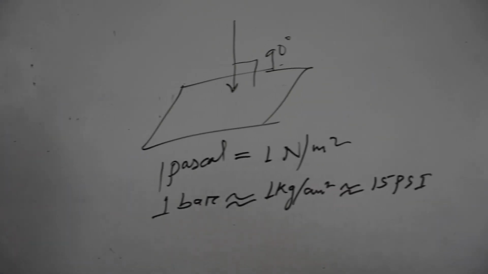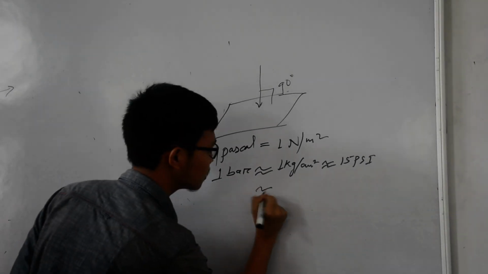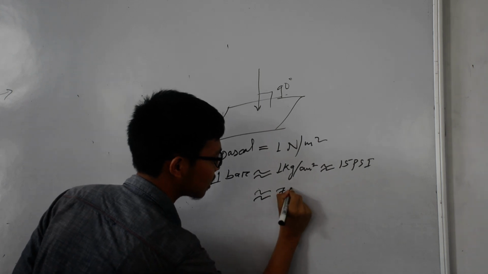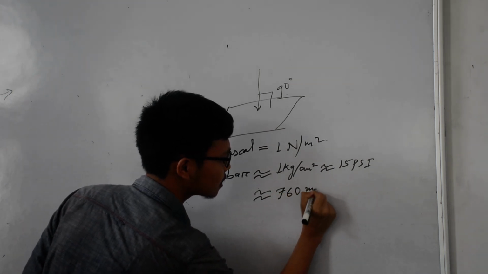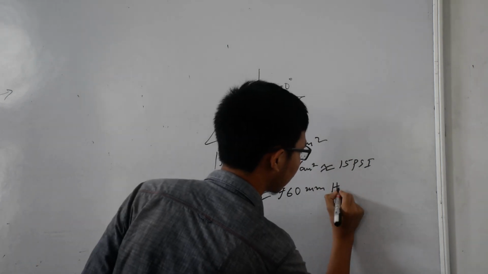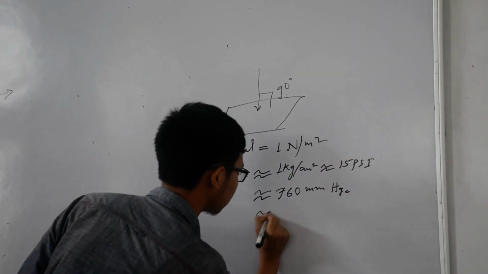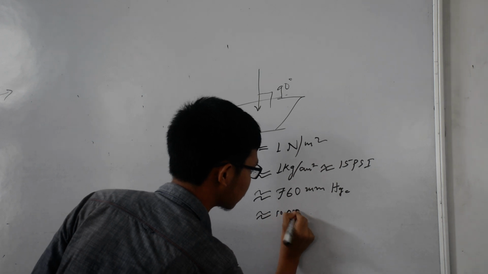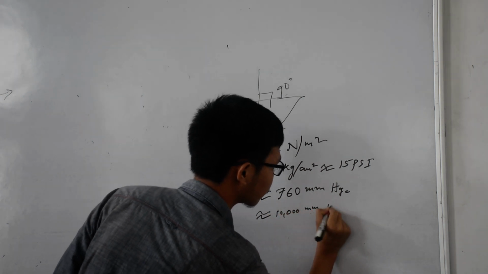PSI means pound per square inch, and there are similar units like 760 millimeter of mercury column and 10,000 millimeter of water column.